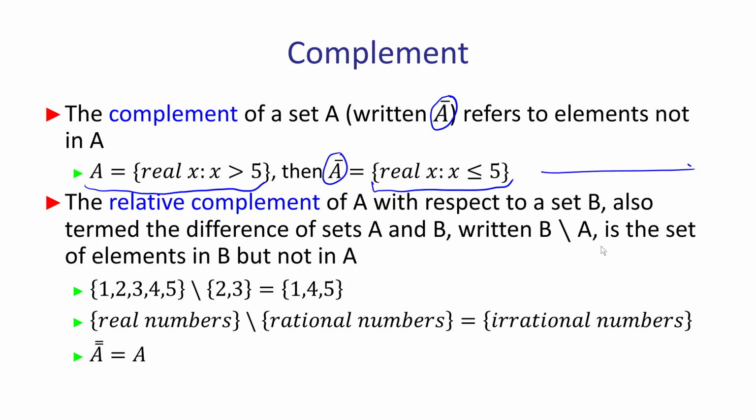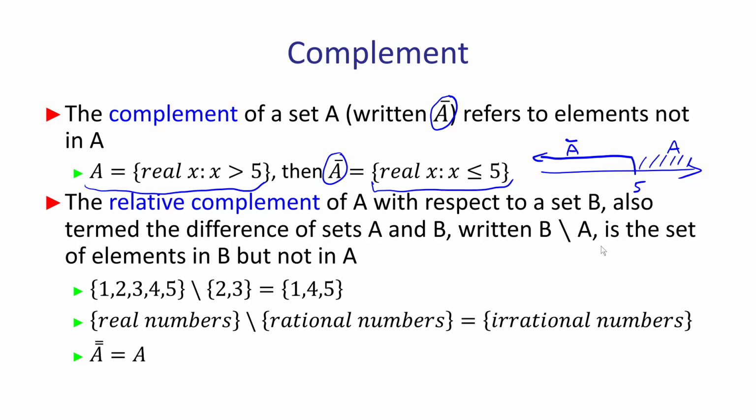So we started with those numbers, and somewhere here you have 5. You said that set A is all of the numbers which are larger. So this is set A. From this one to that direction, this will be the complement of A, all of the other numbers.